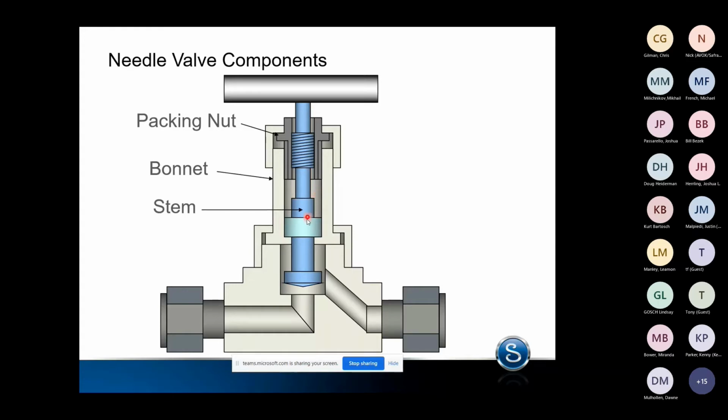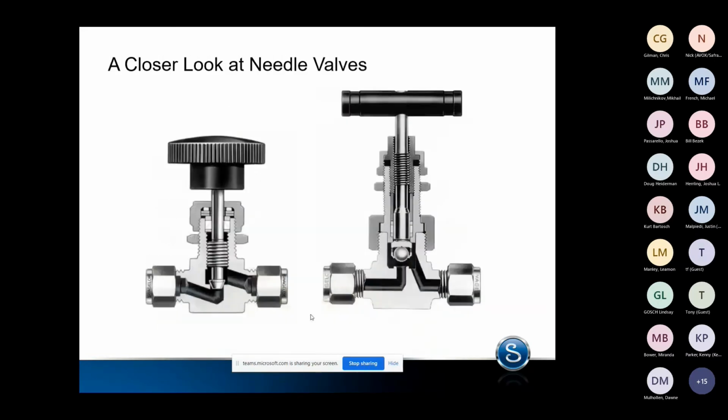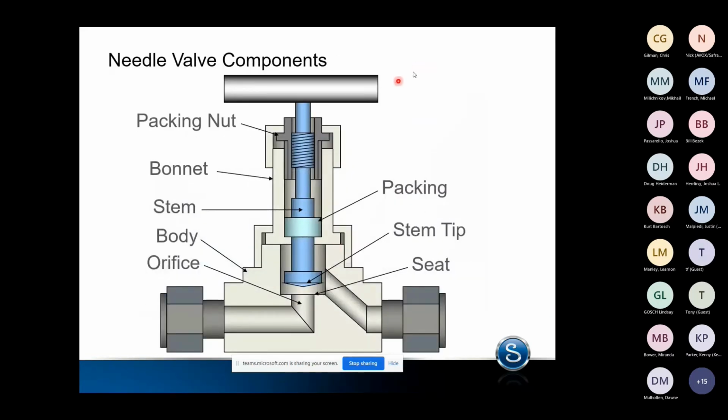We have the stem. We have the body. There is packing. There's a stem tip. There's a seat. There's an orifice that's created. I'm going to move that arrow. Oops. There's a handle, which has fallen off of there. So these are your main components.